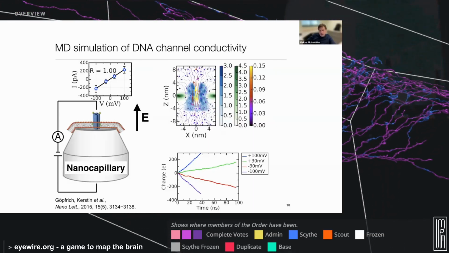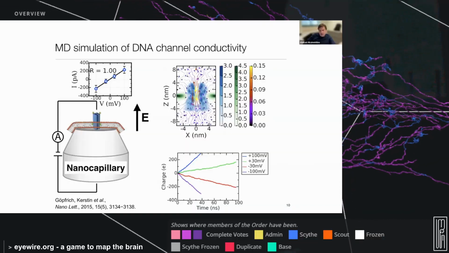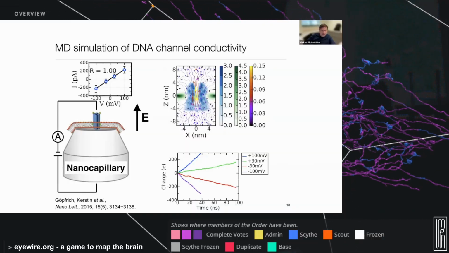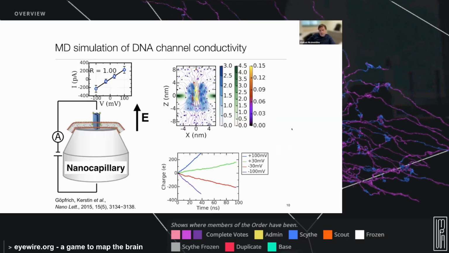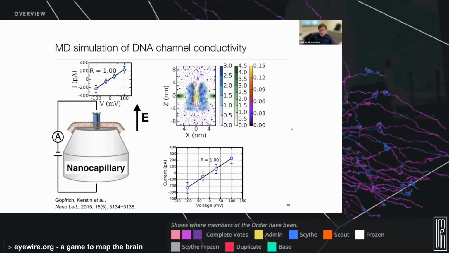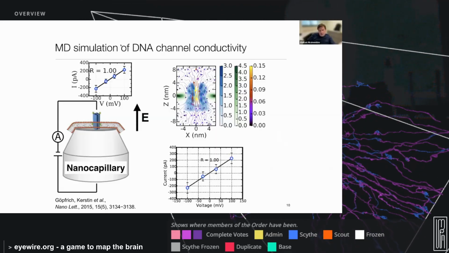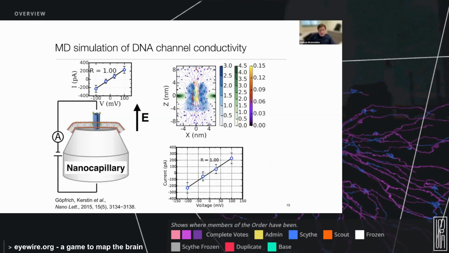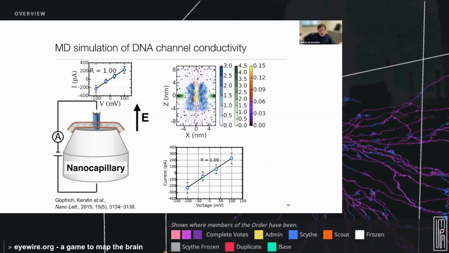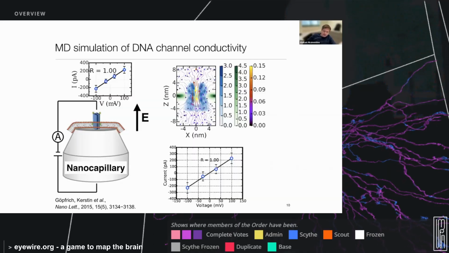We also know where exactly the ions go because we can make streamline plots and so forth. So at the end of the day, we get a current versus voltage curve, which can be directly compared to the current versus voltage curve that is experimentally obtained.